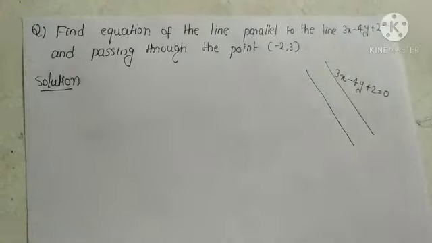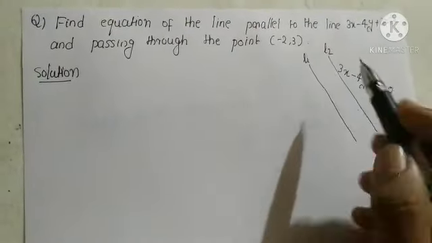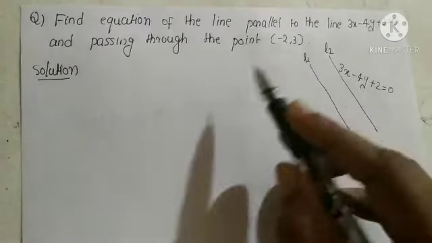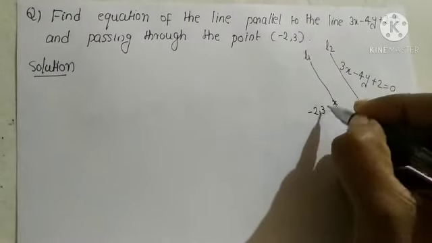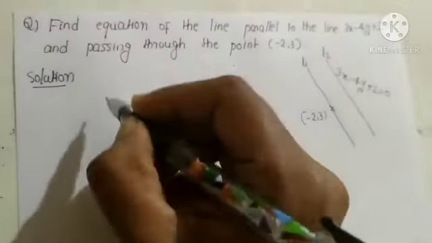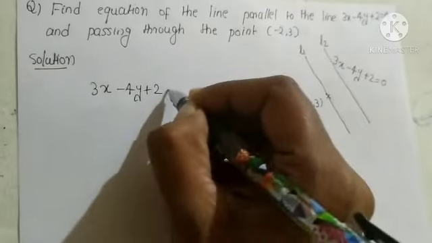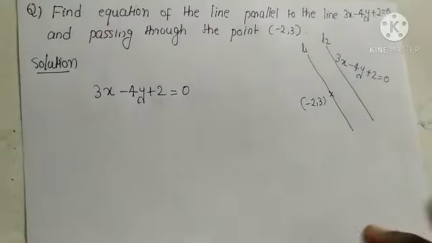Okay, so here we need to find the equation of this line L1, and it is passing through the point (minus 2, 3). So from the given data, 3x minus 4y plus 2 equal to 0 is the equation of line L2.